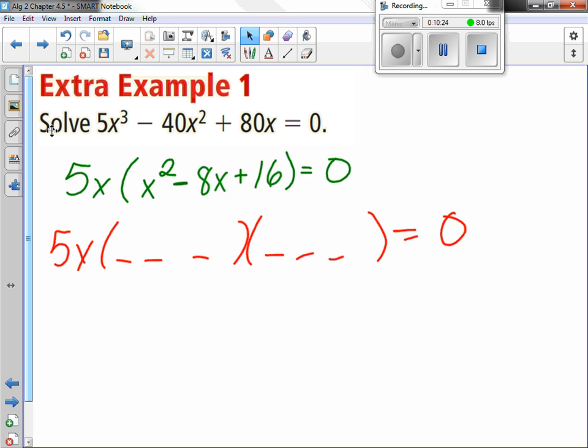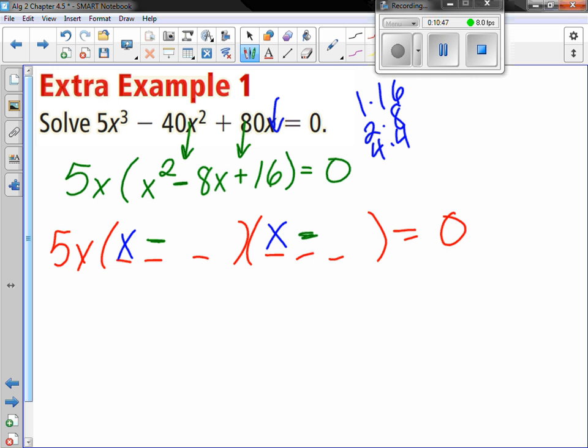Now, when we look at this here, if I'm factoring, the constant term is positive, so the signs are the same and they match the sign of the middle term. So they both will be negative. Well, factors of x squared are just x and x. Factors of 16: 1 and 16, 2 and 8. 3 doesn't work, but we have 4 and, which one do we want to use? 4 and 4.